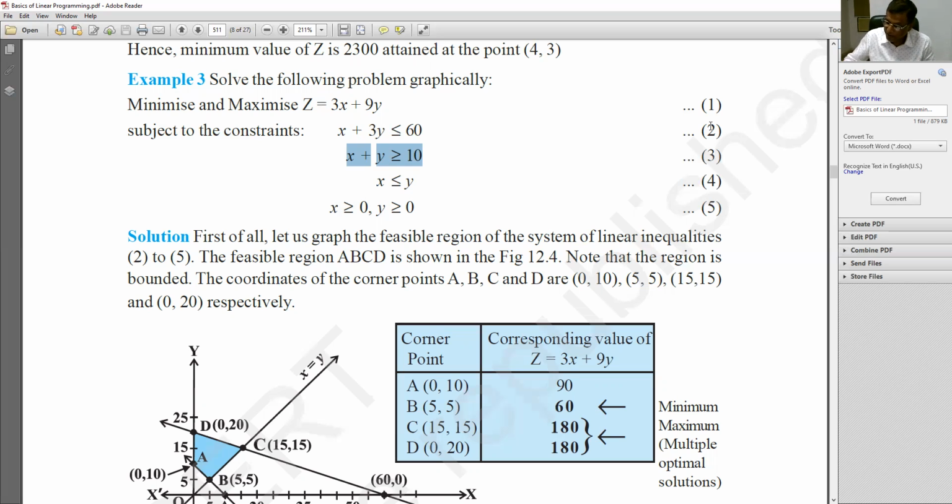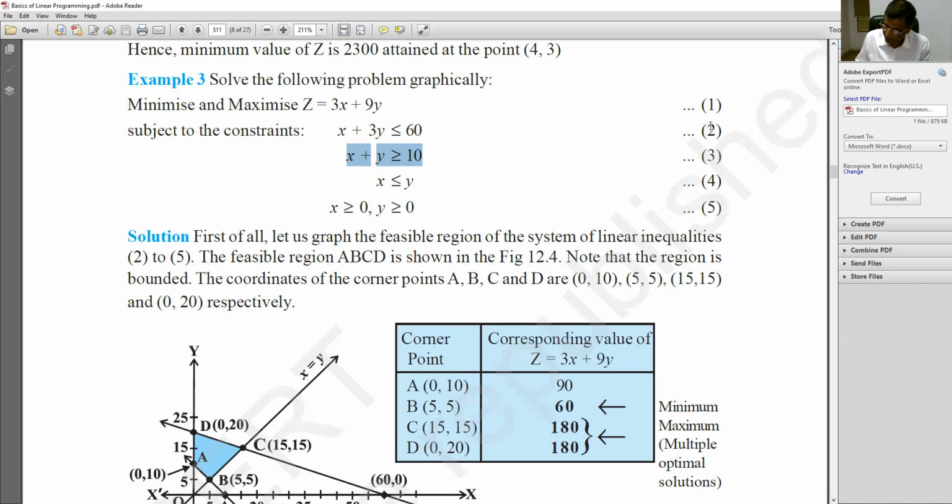You are solving equation 1, x plus 3y is equal to 60. Putting x is equal to 0, you find 3y is equal to 60, so y is equal to 20.